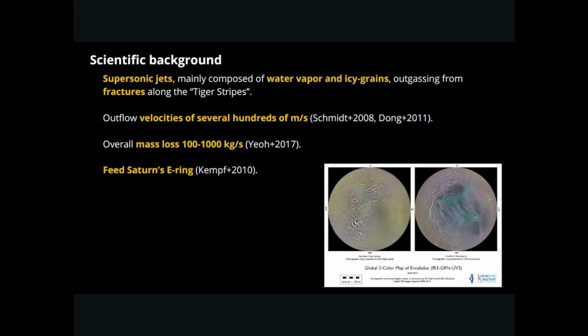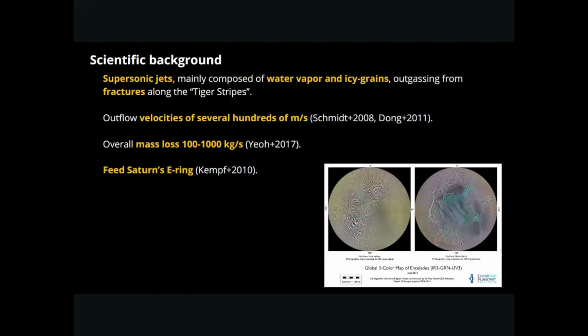The velocities are estimated at several hundreds of meters per second, and the overall mass loss is from 100 to 1000 kilograms per second. And this material is actually feeding the Saturn A ring. So there is some kind of variability in this process, not only due to the different measurements, but probably also due to the mechanism itself of the emission.